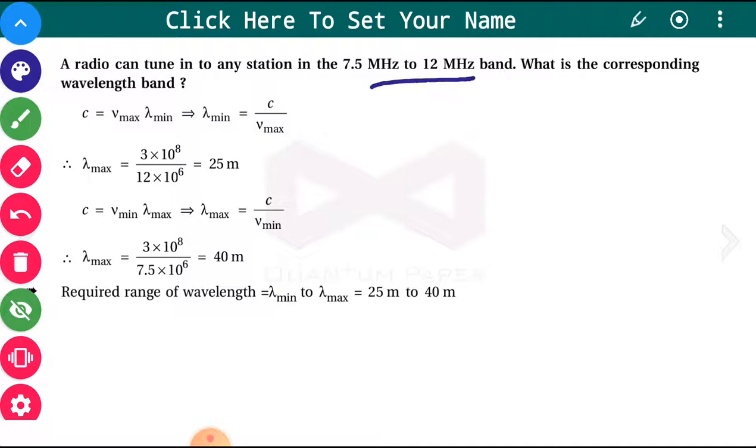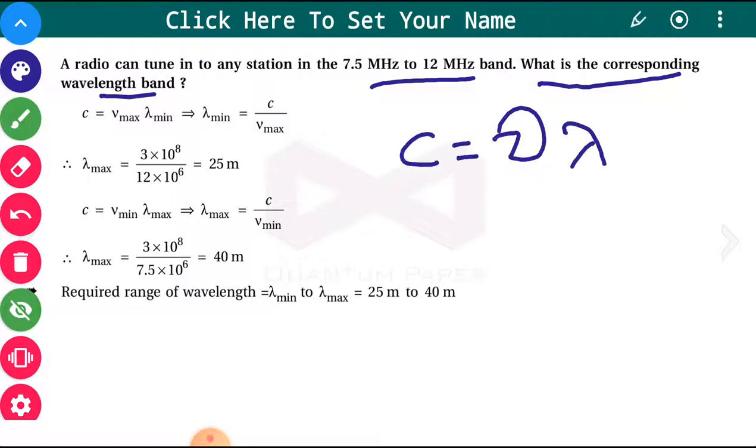Now the next one, a radio can tune into any station in the 7.5 megahertz to 12 megahertz band. What is the corresponding wavelength? Now frequencies are given. c is equal to nu lambda. So when lambda is maximum, then nu is minimum, and vice versa. So first of all, lambda maximum is calculated.